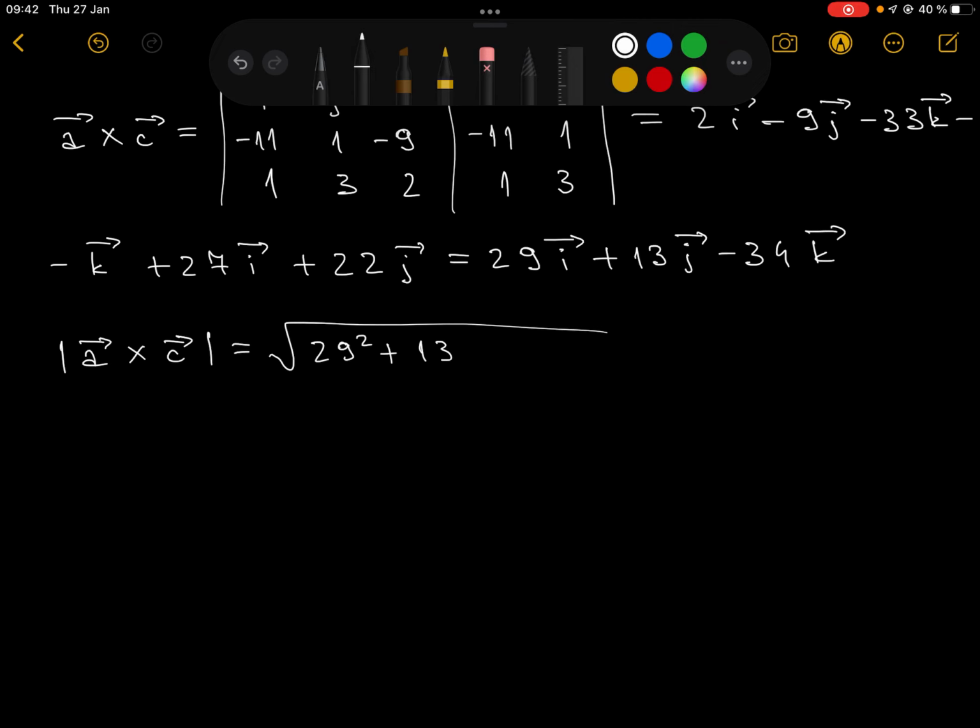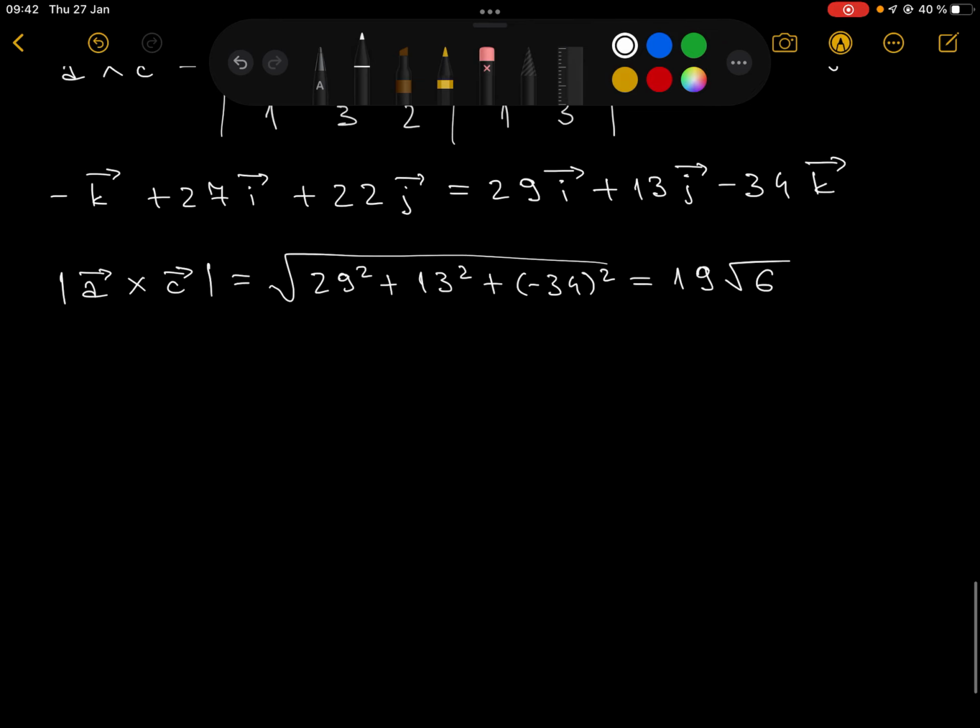29 squared plus 13 squared plus minus 34 squared, which I'm going to compute. So 29 squared plus 13 squared plus 34 squared, which is the same as 19 times the square root of 6.